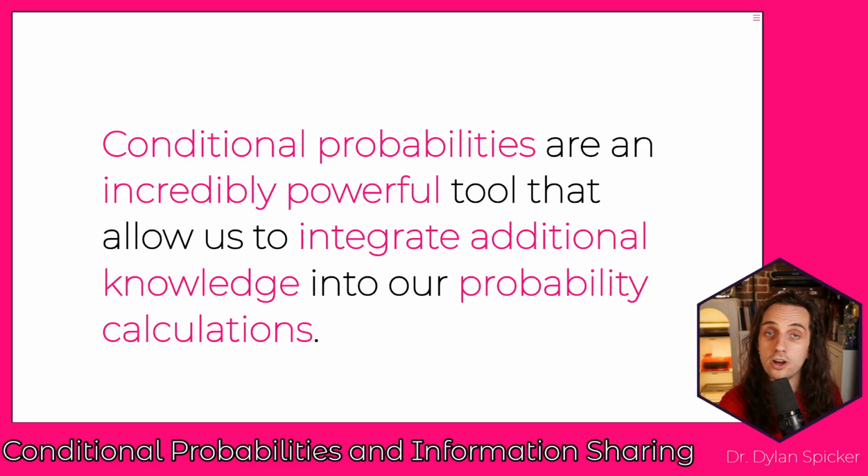We can rely on our definition of conditional probabilities, which joins up joint, marginal, and conditional all together. Or we can reason our way, either intuitively or through this idea of sample space reduction. And these are all going to be effective ways of solving problems in conditional probability. But conditional probabilities are going to be a really useful tool when we're trying to model the real world using the information that we actually have around us.